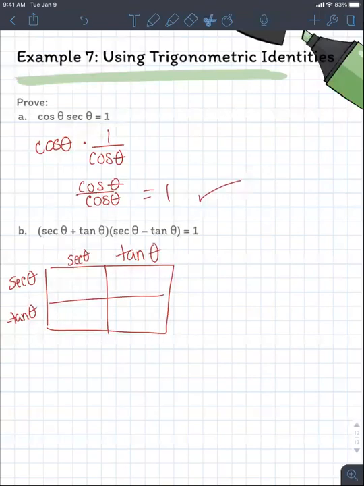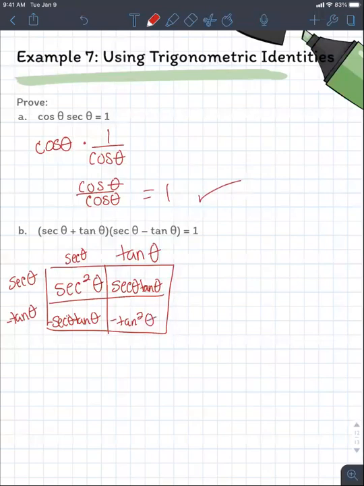If we multiply secant times secant, that's just secant squared theta. Secant times tangent is just secant theta tangent theta. Secant times negative tangent is negative secant theta tangent theta. And then tangent times negative tangent is negative tangent squared theta.